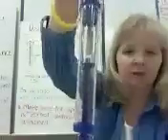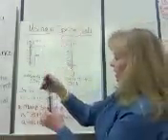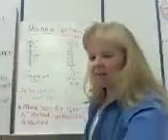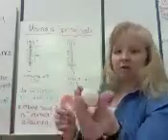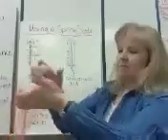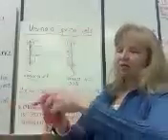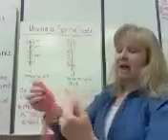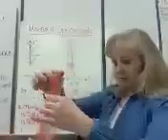Just like a balance that we use to measure mass, we have to make sure our spring scale is also zeroed. Once you get it to 0, then you're going to take the object that you have to measure, which in this case is a little wooden ball, and you're going to place it into a bag like this one, and you're going to very loosely tie it into a loop here at the top.